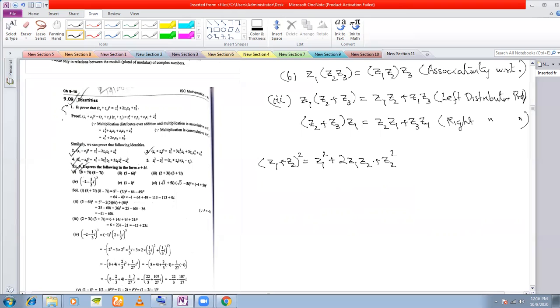Yes, it holds. You can see the proof here. What I will do here is the proof of Z1 plus Z2 whole cube, let's say.